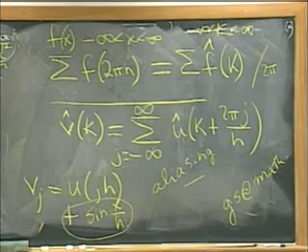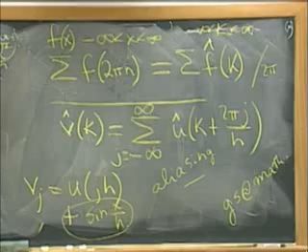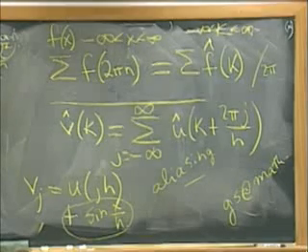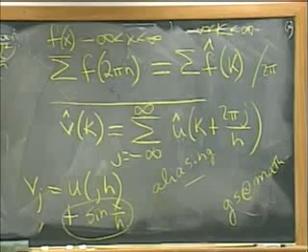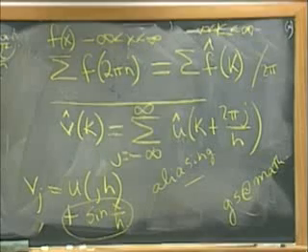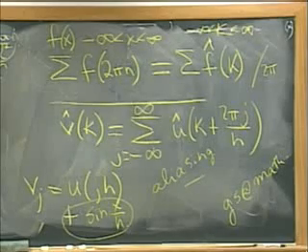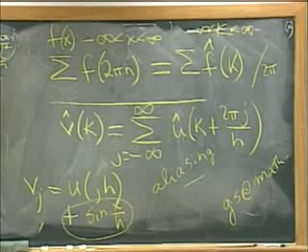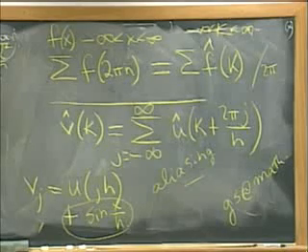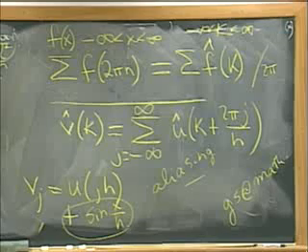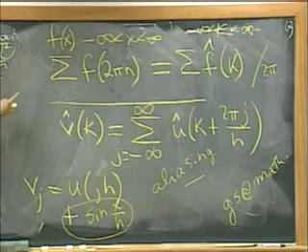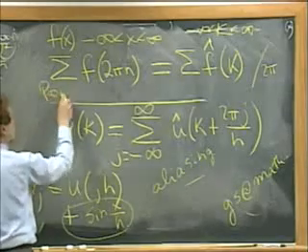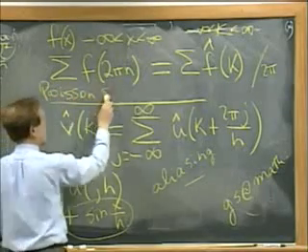I think if everybody's willing to copy down these two formulas, I'm game for anything next time. Does that sound okay? Oh, this is under Poisson summation formula in the book. If you look in the index, you'll find it.